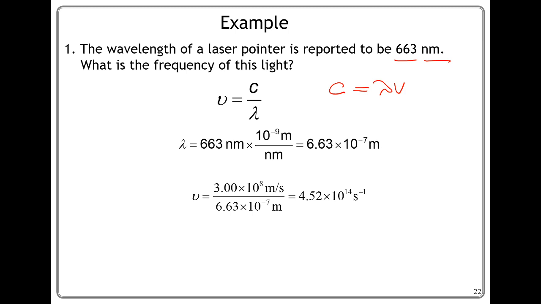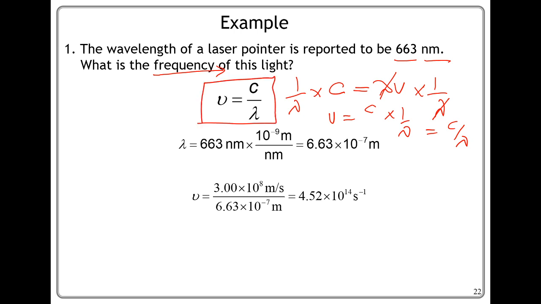Our question requires us to find the frequency, so we make frequency the subject of the formula. To do that, we multiply both sides by 1 divided by lambda, so this and this cancel. Frequency will be equal to c times 1 divided by lambda, which is c divided by lambda.